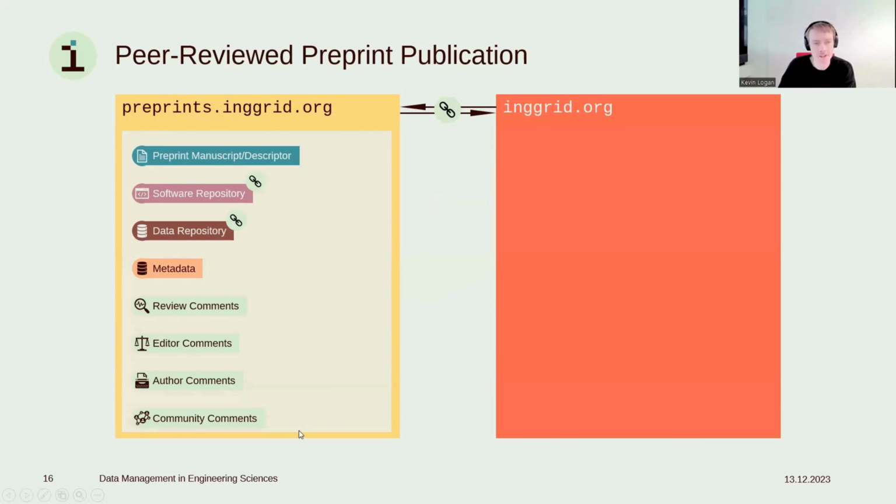So at the end of this stage, on the page with your preprint, we not only have all of your work, but we also find the review comments, editor comments, your own author comments, and potentially community comments.